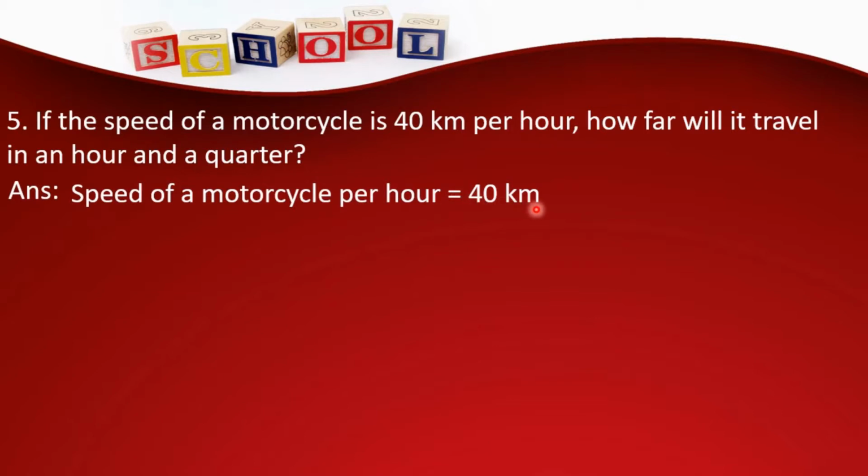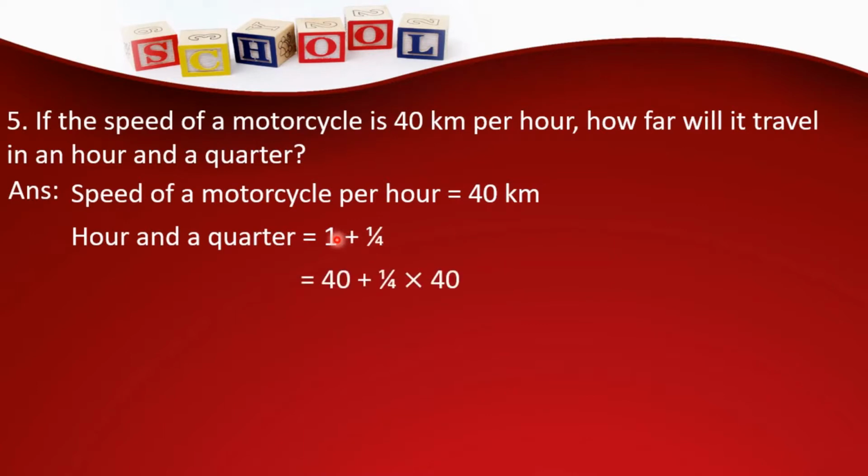So let us find out how far it will travel in an hour and a quarter. So for hour we write 1, and for quarter, as you all know, we write 1 upon 4. So for 1 hour it is traveling 40 kilometers. So to find out how much it will travel in a quarter of an hour, we write 1 upon 4 into 40.